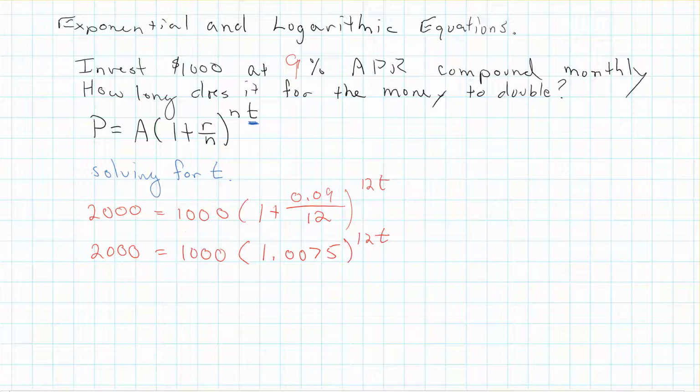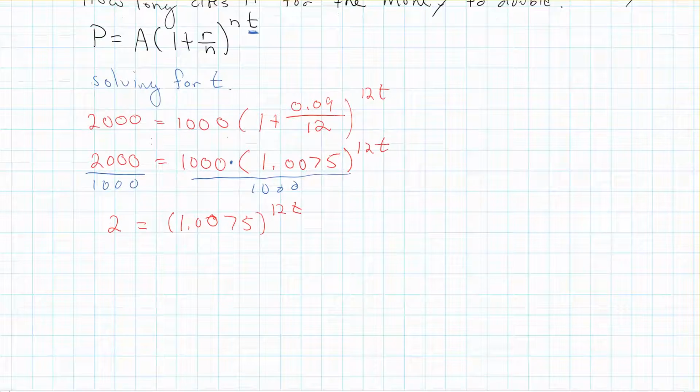First thing, you might guess, because this is multiplication by 1,000, I'm going to divide both sides by 1,000. And then on the left-hand side I'm just left with 2 is equal to 1.0075 to the 12 times t power.